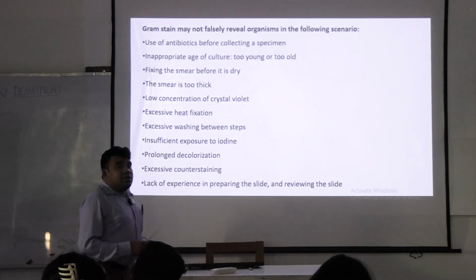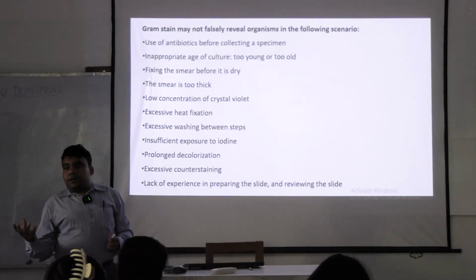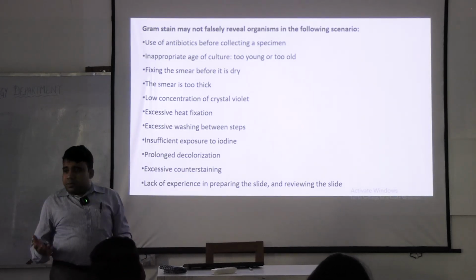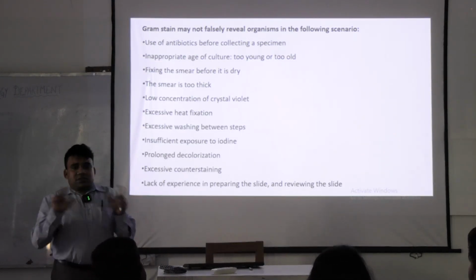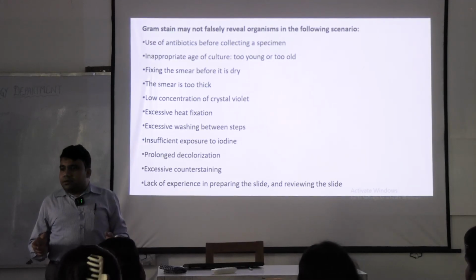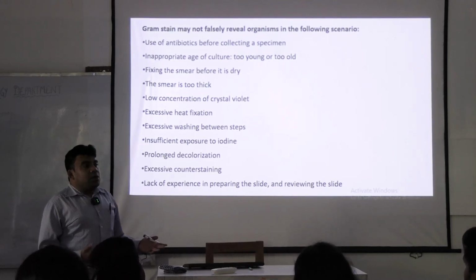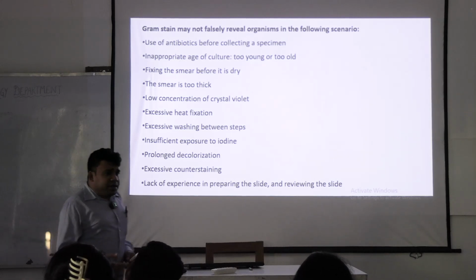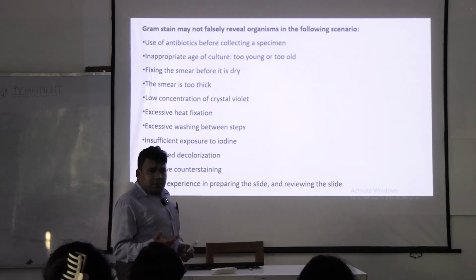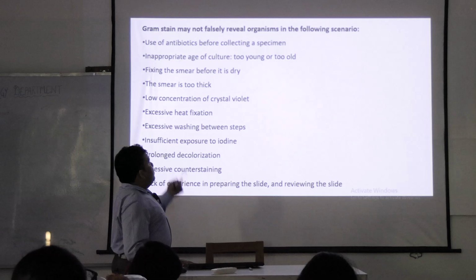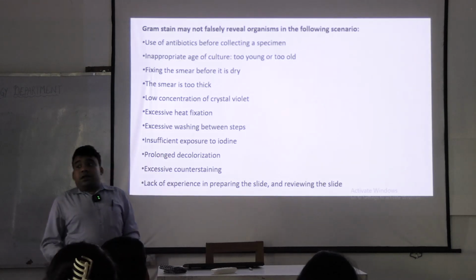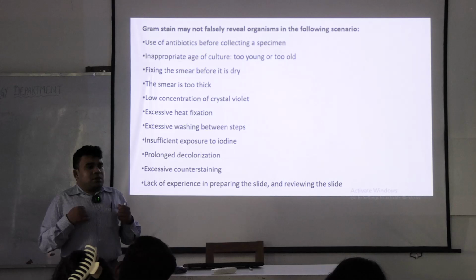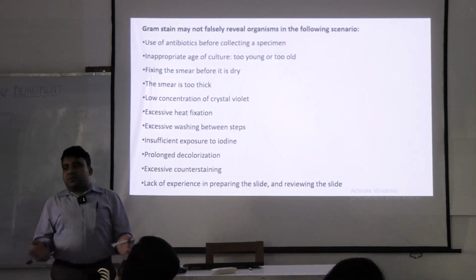Similarly, on a laboratory culture, if we are taking fresh culture, what will happen? The bacteria is in dividing phase, cell walls are well made, appearance will be classical. But if the cultures are old, most of the bacteria are dead, the cell wall gets damaged, appearance will be altered. During heat fixation, if you have heated a little too much, the bacteria are damaged.